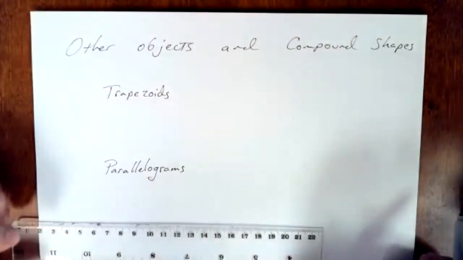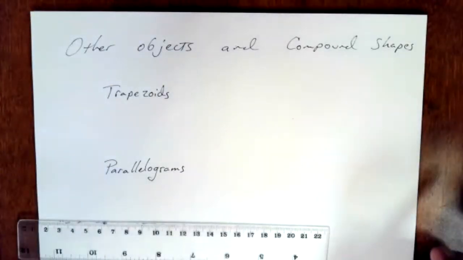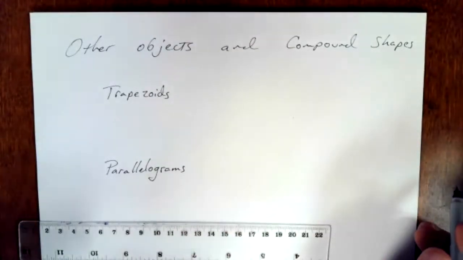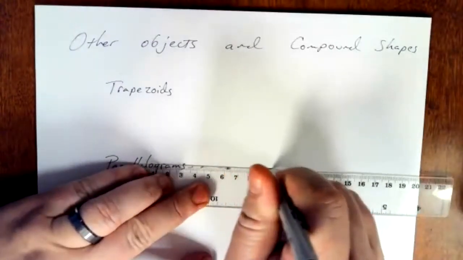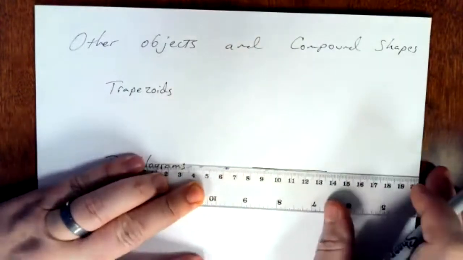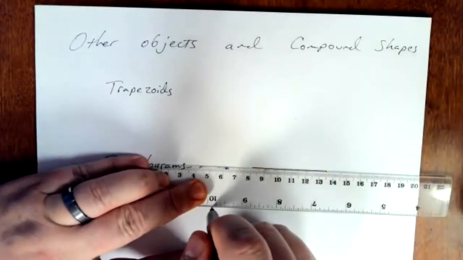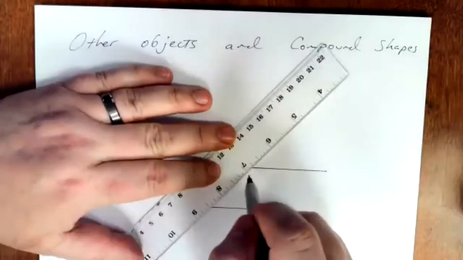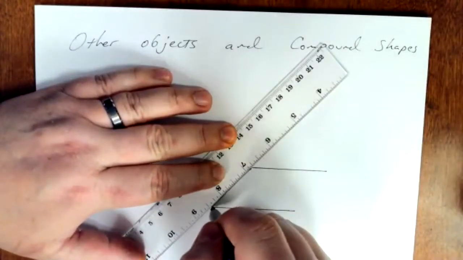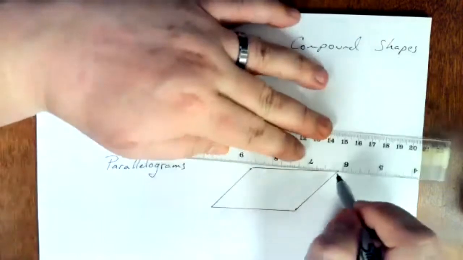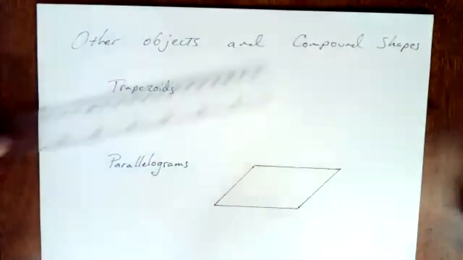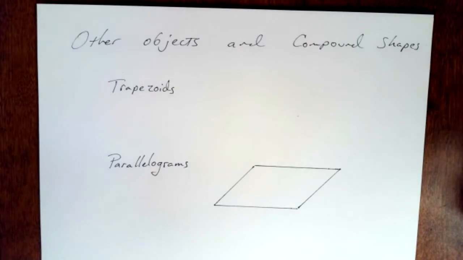Now we're going to spend a good amount of time on these shapes in the next couple of weeks. But I'm pretty sure you've seen these two shapes before. Without getting too technical about what they are, you can think of a parallelogram as a rectangle that's been pushed over. If you've ever broken down a cardboard box, you might know what I'm talking about.